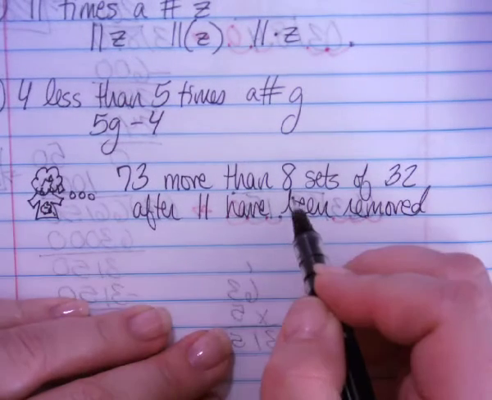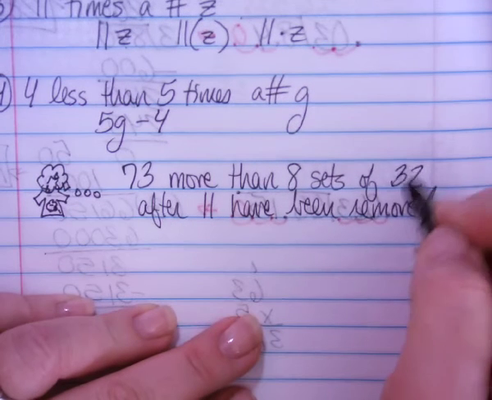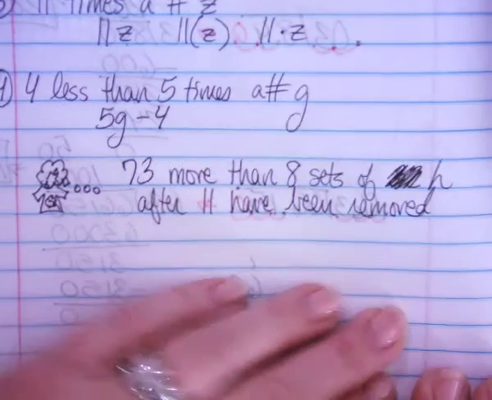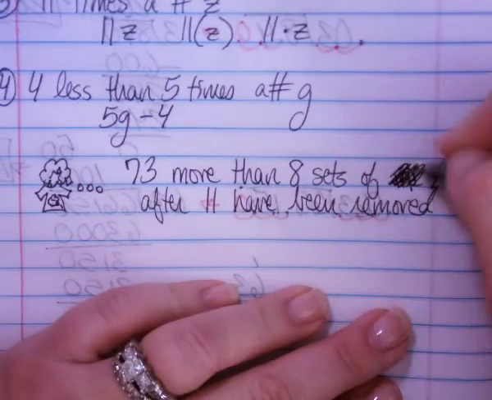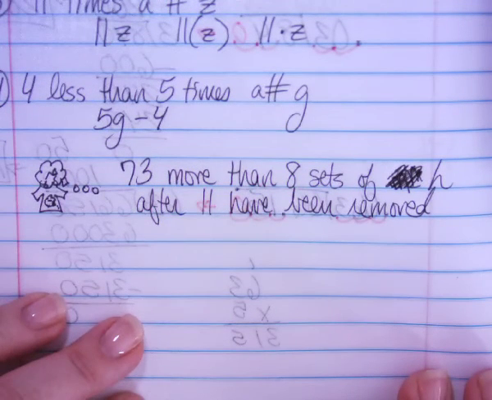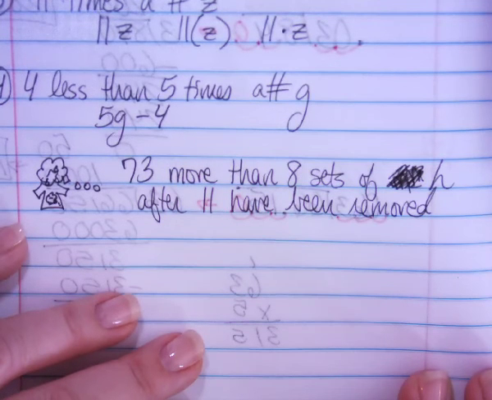Let me put in a variable here. Think H, but we know it's 32. So 70. No, I changed it. I got it. Go up there and ask him. Bring it to me. Let me see.